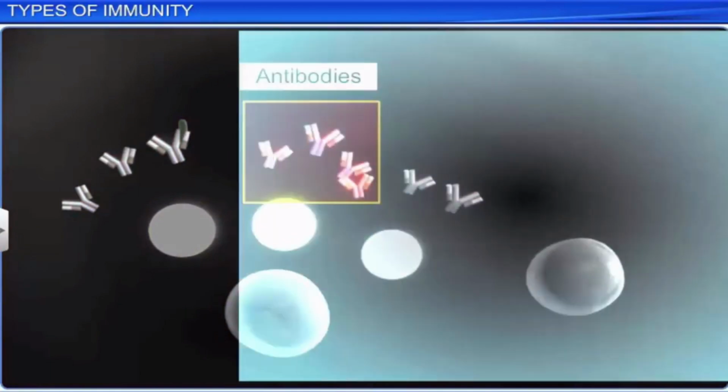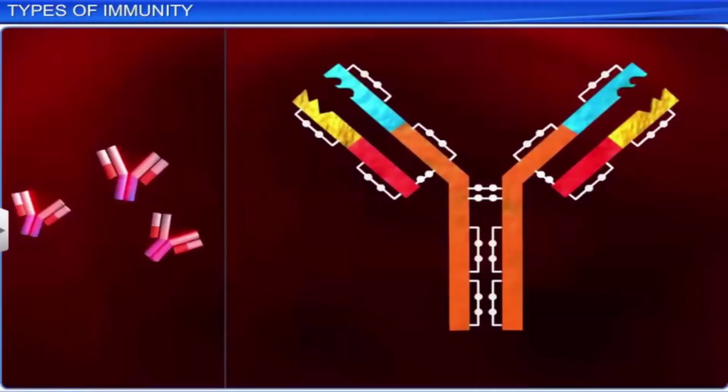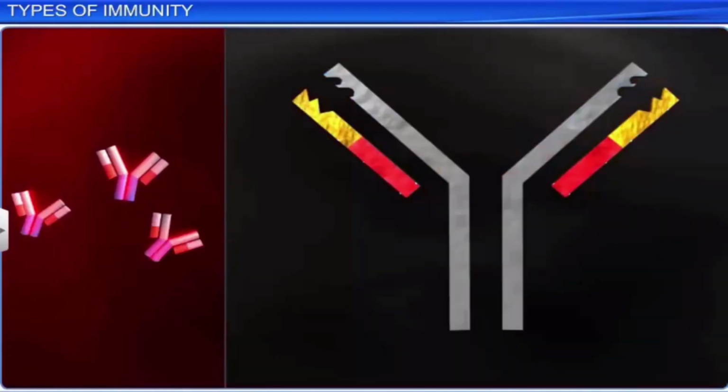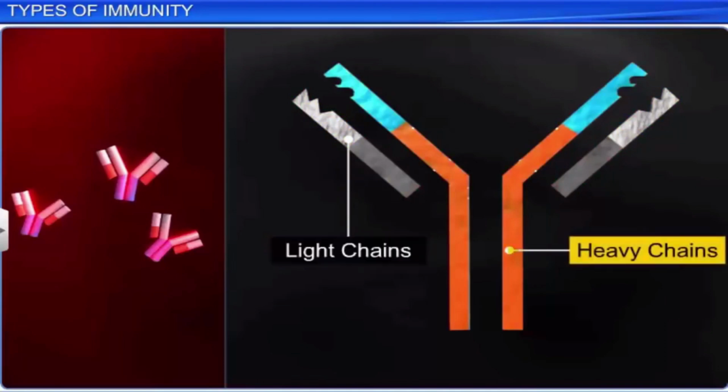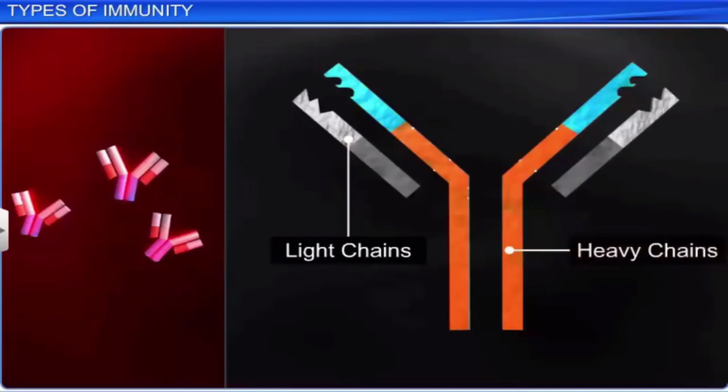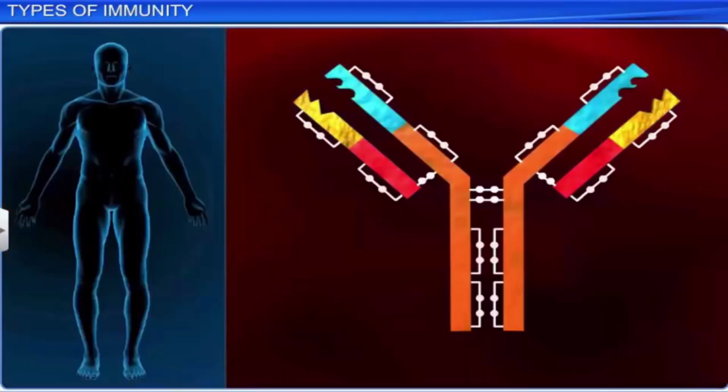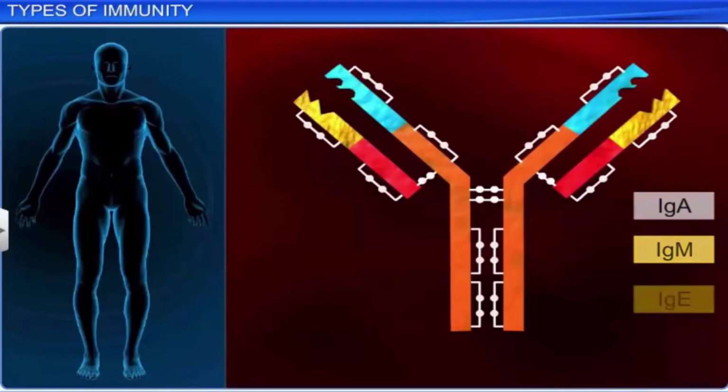Each antibody molecule has 4 peptide chains, 2 small and 2 longer ones. The 2 small chains are called light chains, while the 2 longer ones are called heavy chains. Therefore, an antibody is represented by H2L2. IgA, IgM, IgE, and IgG are some examples of antibodies in our body.